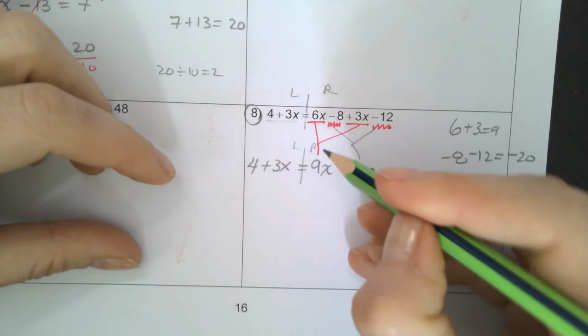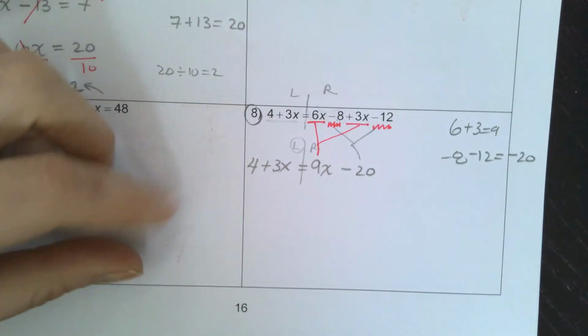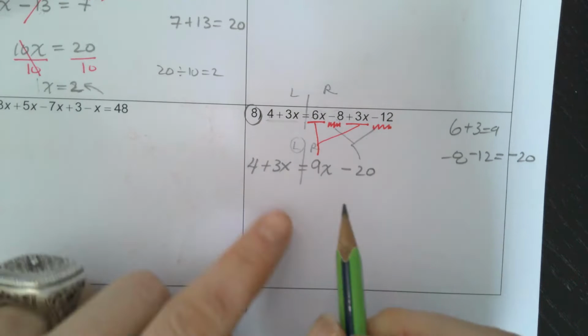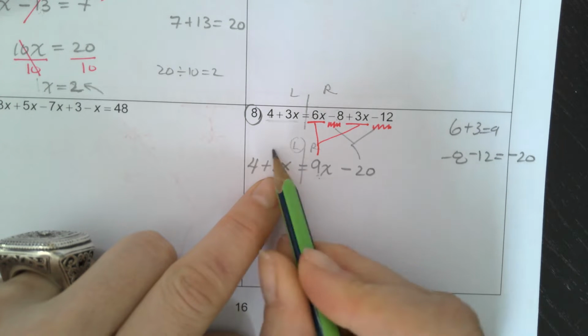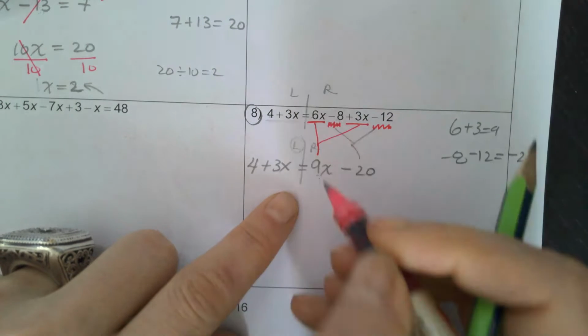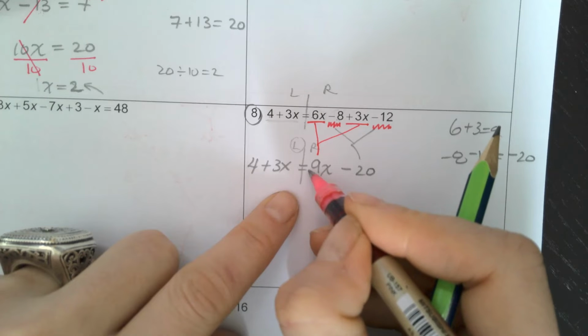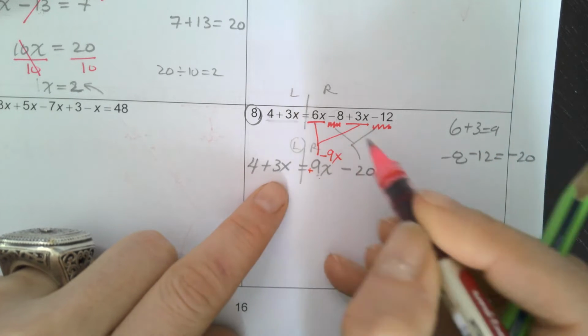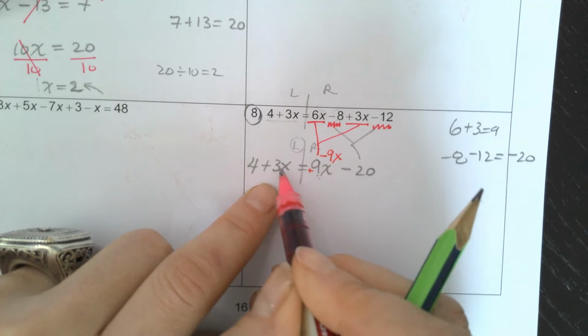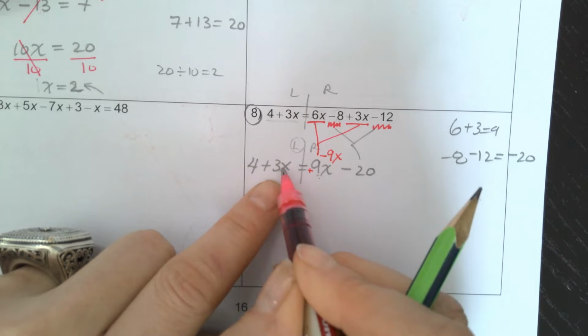So I want my letters, or my variables, on the left. So do I move the 3x or the 9x? I move the 9x because he needs to move to the left side. If there's nothing in front of the 9, he's positive, so I have to do the opposite, minus 9x. And I have to put the minus 9x on the 3x because it has an x, because these are like terms.